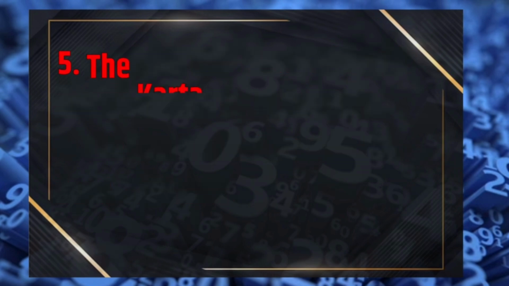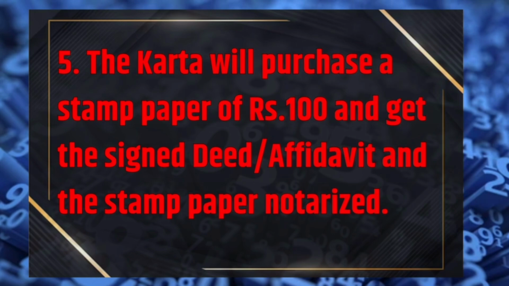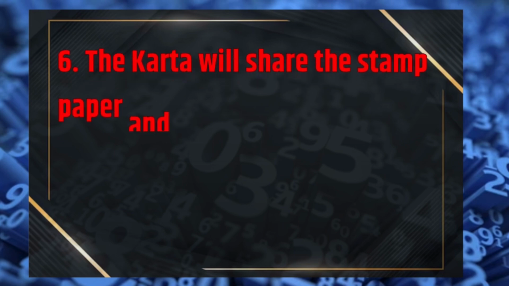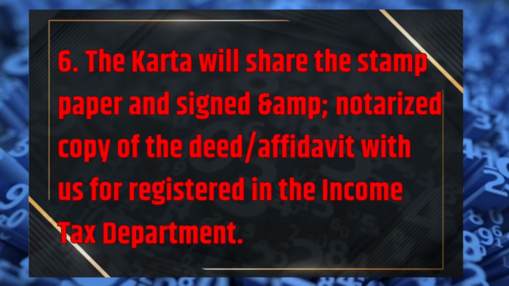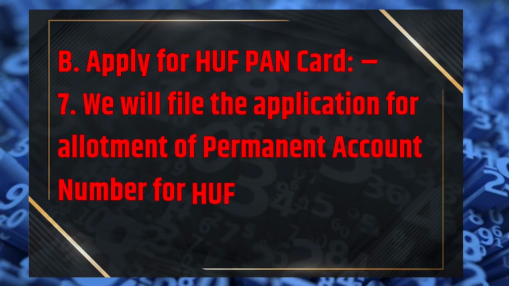5. The Karta will purchase a stamp paper of 100 rupees and get the signed deed affidavit and the stamp paper notarized. 6. The Karta will share the stamp paper and signed notarized copy of the deed affidavit with us for registration in the Income Tax Department. B. Apply for HUF PAN card. 7.